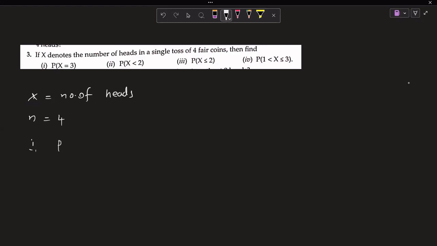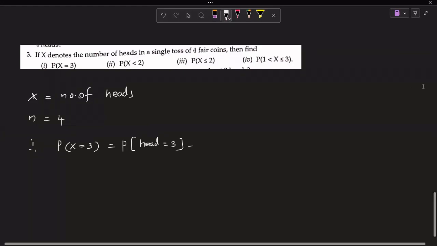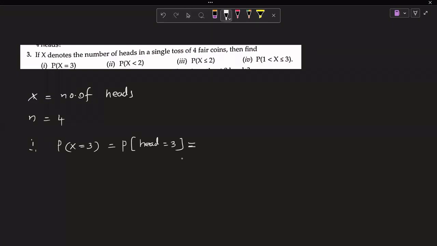First question, P of x equal to 3 means the number of heads is 3. How many coins are there? 4 coins are tossed, so select any 3, and 3 heads are required. Out of 4, 3 coins showing heads means the other coin shows tail.